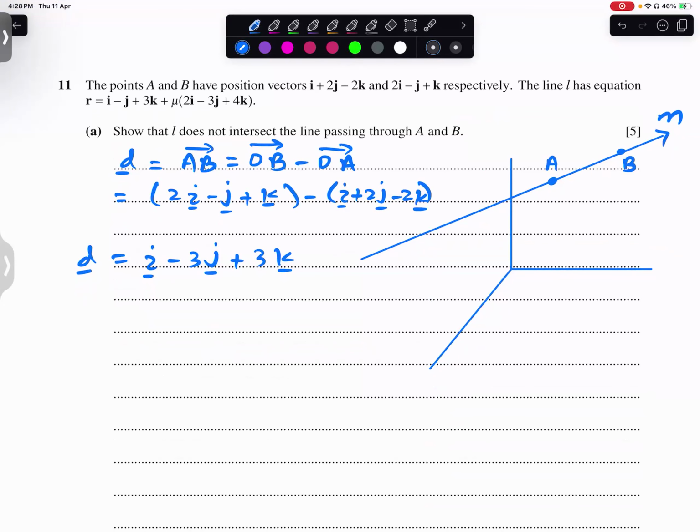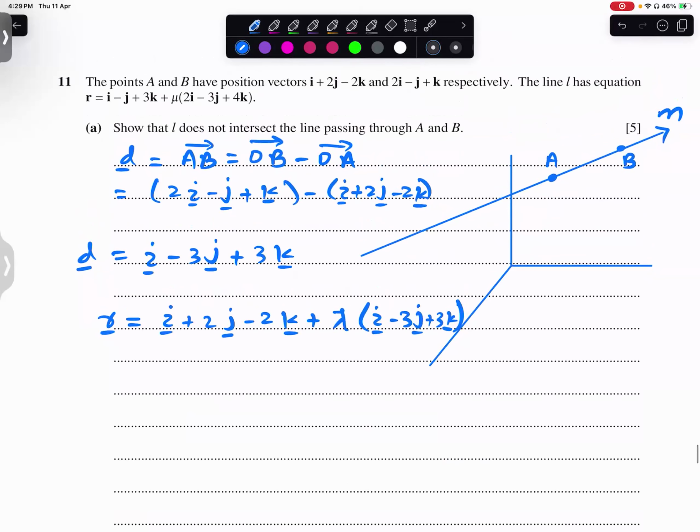And now the equation of the line M will be any point, A or B. So I'm using A, i plus 2j minus 2k plus lambda times the direction vector, which will be i minus 3j plus 3k.